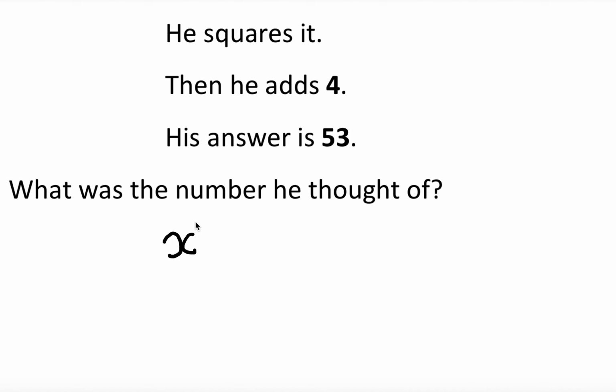He squares it, so we'll make x squared, and he adds 4, and that equals 53. So you've got an equation there, haven't you? So how do we solve it? We have to get x on its own to solve the equation.